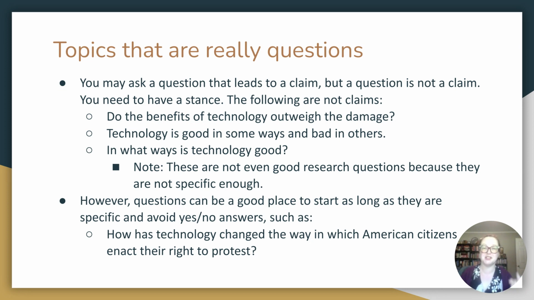So you need to actually answer the question that you ask at the beginning of the semester, the research question that you ask. You need to actually answer that for it to be a valid claim. But you also want to be careful with the kind of question that you ask, even at the beginning of the semester when you're just starting to find a direction.